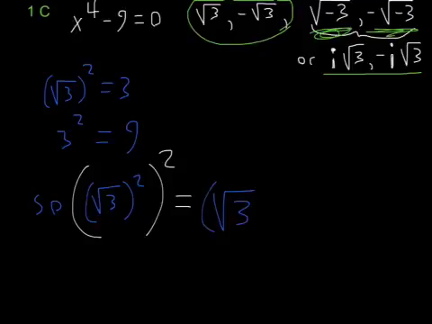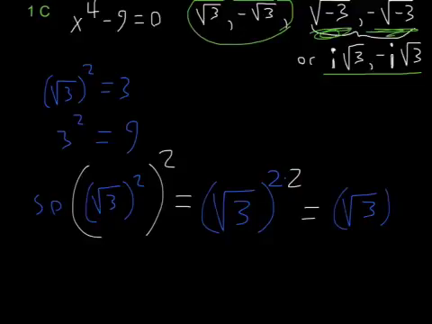This is root 3 squared multiplied by 2, and that's because we have this exponential right here, and this of course is going to be equal to root 3 to the 4th, and we know from this analysis right here that this must be equal to 9. And so logically we've discovered that root 3 is an answer.